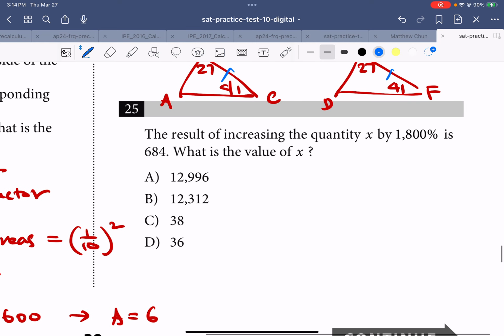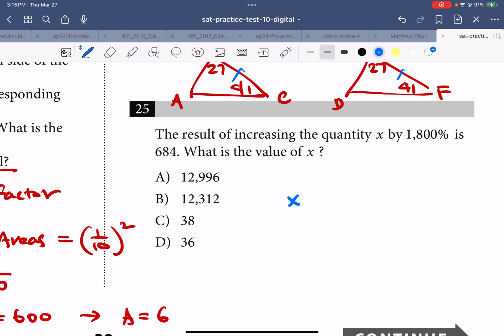Number 25. The result of increasing quantity x by 1800% is 684. What is the value of x? So the quantity x increased by that much percent: 1 plus the percent increase, 1 plus that percent in decimal.